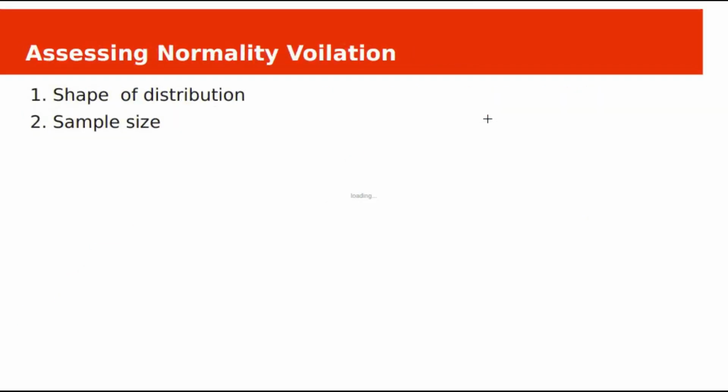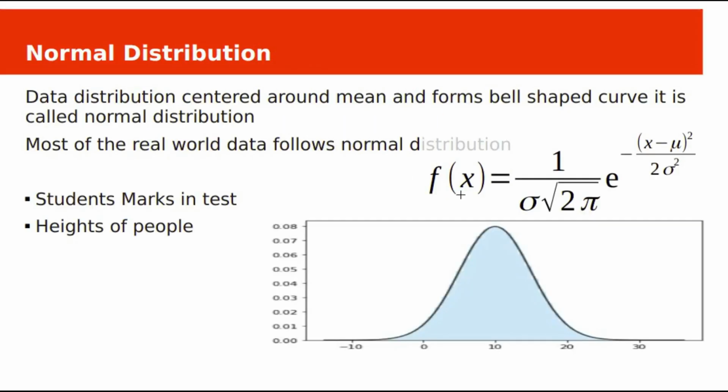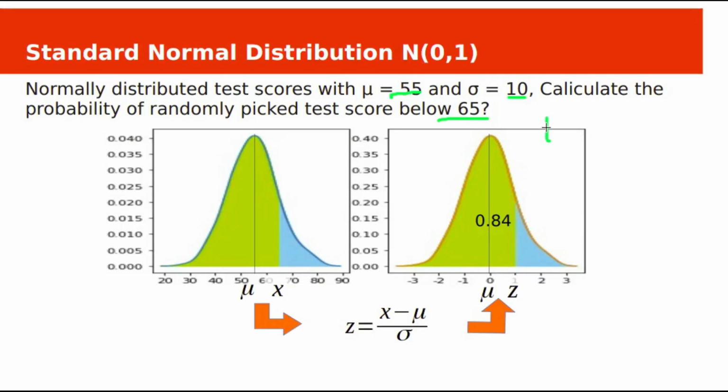This is the probability density function of the normal distribution. You have to integrate this curve from minus infinity to 65 to calculate the probability x less than 65, by substituting this mean and this standard deviation in that equation. But it is a very complex integration.